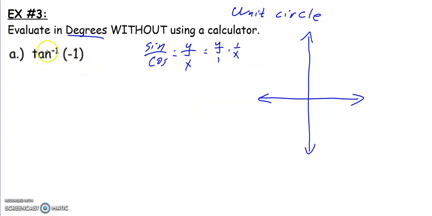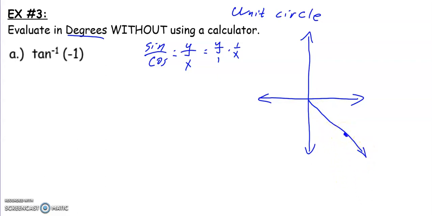So we want to find the arctangent of negative 1. What I know about a negative 1, to have a negative tangent value, is that either x or y has to be negative, only one of them, and they have to be the same size. For one of them to be negative and one positive, in our restricted values, we need to be down here in quadrant 4.